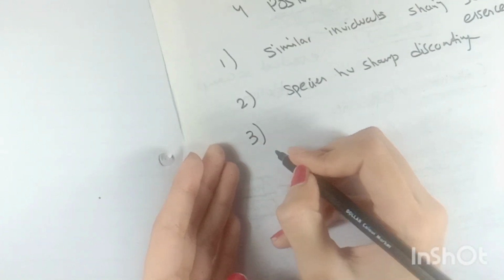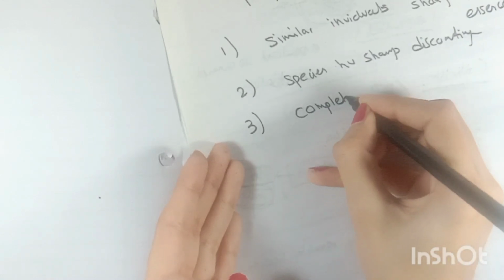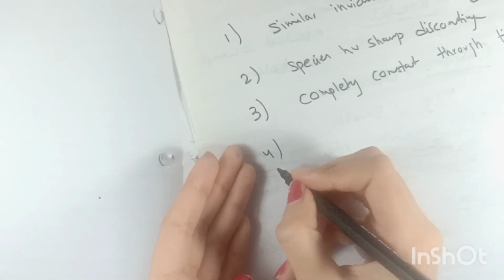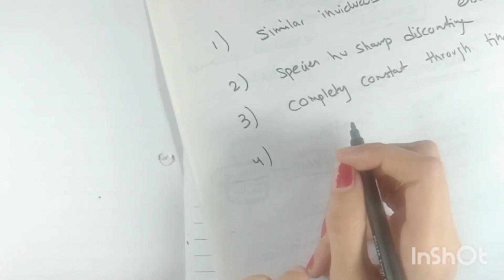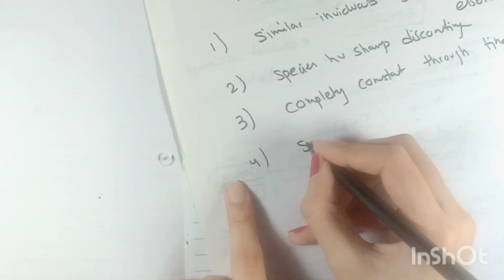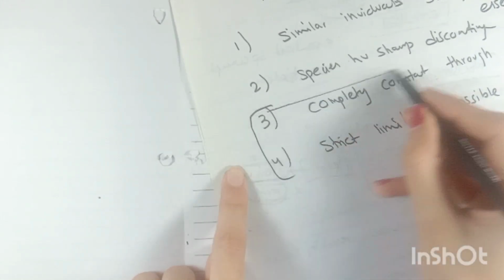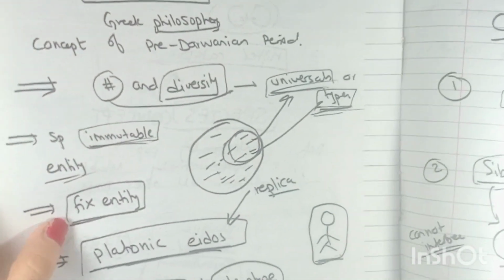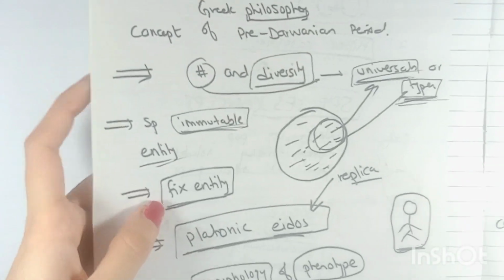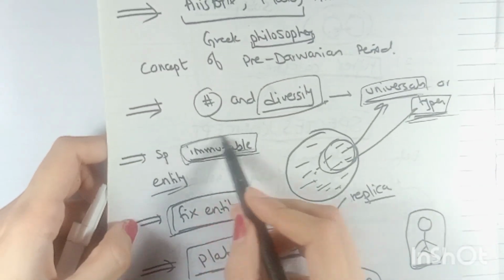The third postulate is that species is completely constant through time. The fourth postulate is that there are strict limits to possible variation within any one species. Now, what are these two postulates talking about? When I told you about that, these scientists said that species are a fixed and immutable entity.